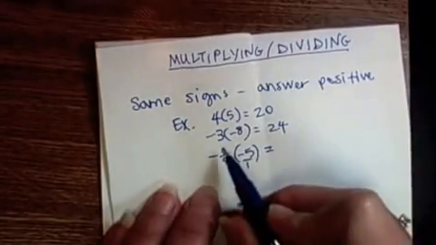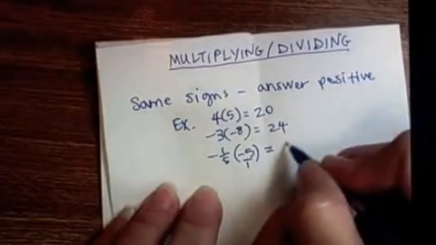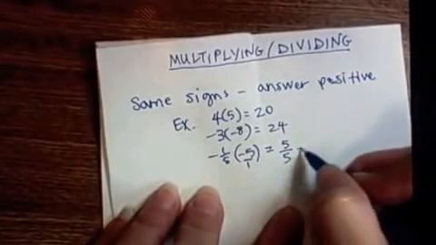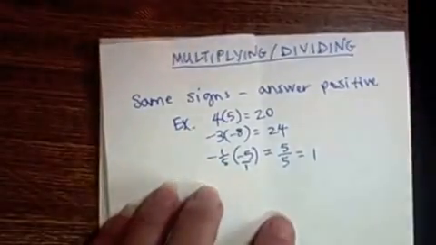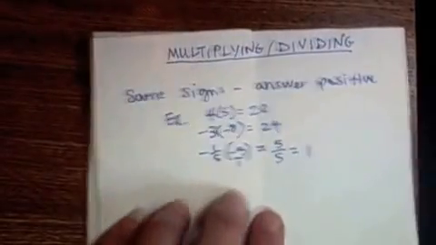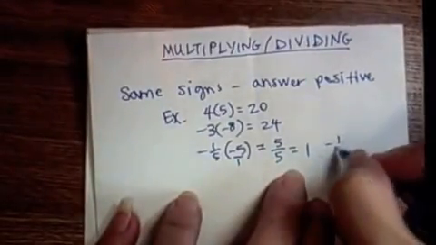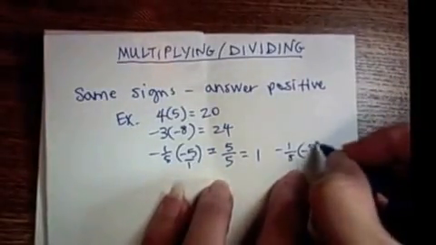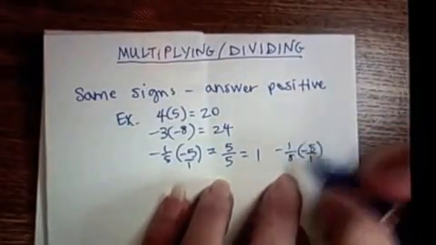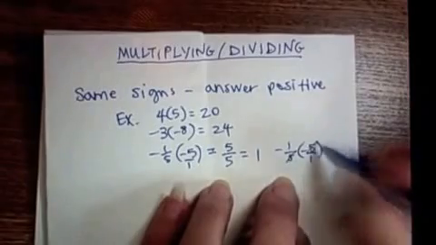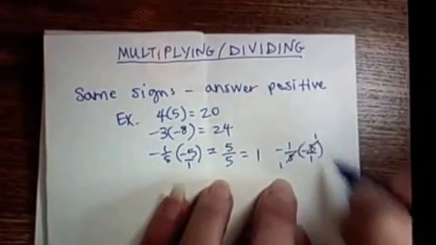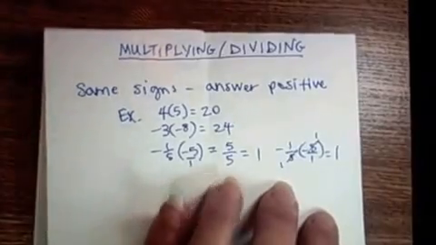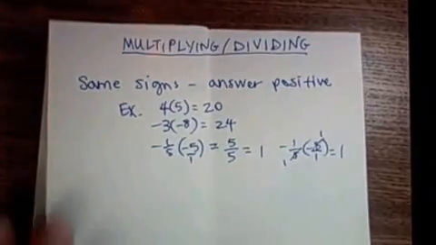So negative 1 times negative 5 is a positive 5. 5 times 1 is 5, and that turns into a 1. 5 divided by 5 is 1. Of course, you also remember that whenever you're multiplying a fraction by a whole number, you can also cross cancel. So this 5 goes into this 5 one time, and so then negative 1 times negative 1 is a positive 1, and then 1 times 1 is 1, so you get the same answer.